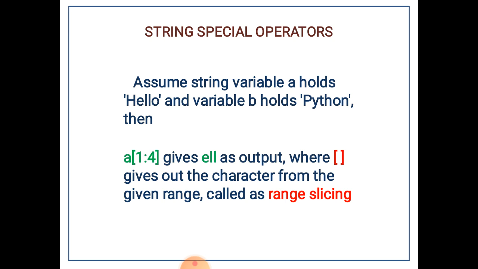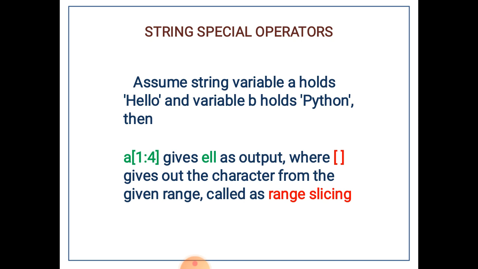And the next thing we are going to see is range slicing, which is also a special operator. Here we can see that a of 1 to 4 gives ell as output. The starting value is 1 and the ending value is the value given minus 1.